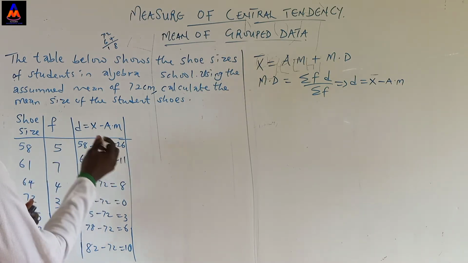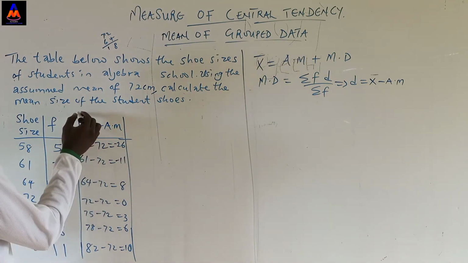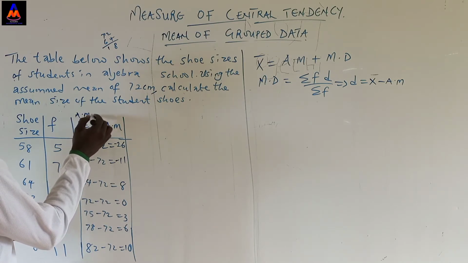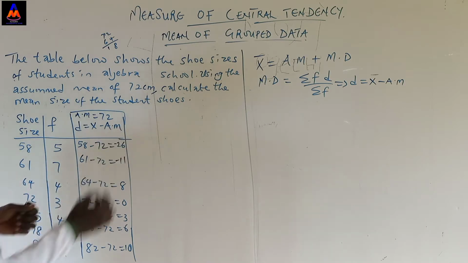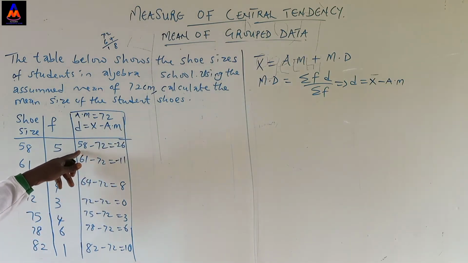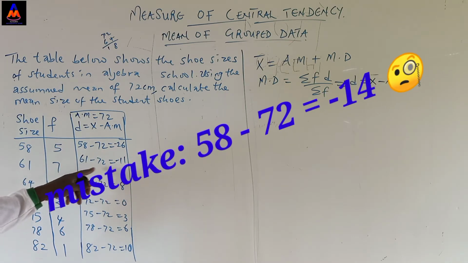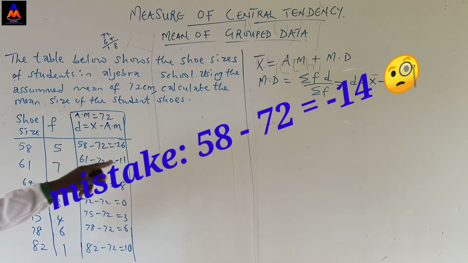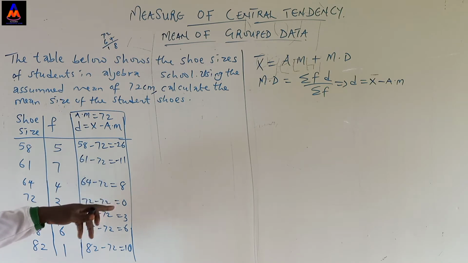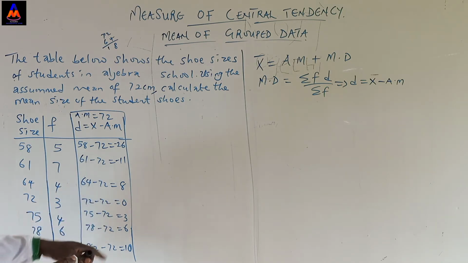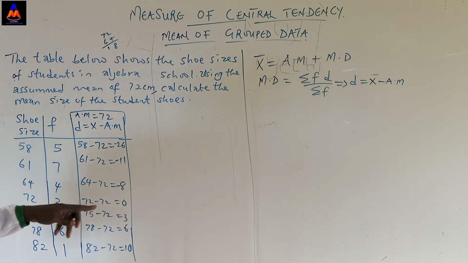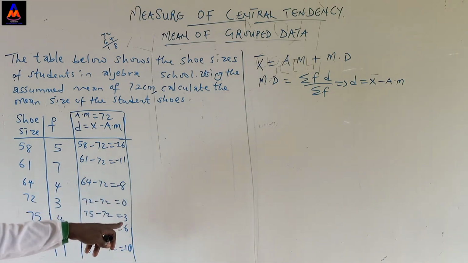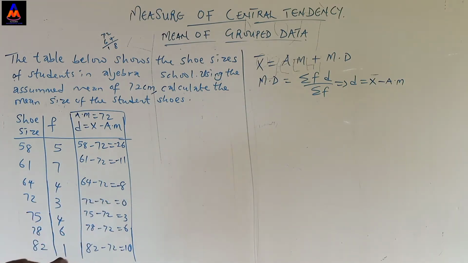The assumed mean we are given is 72, and that's what we use here. We subtracted it from each of the data: 58 minus 72, 61 minus 72, this is minus 26, minus 11, minus 8, sorry about that. This is 0, 3, 6, 10. And that's what we have.